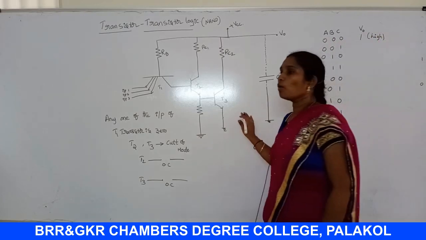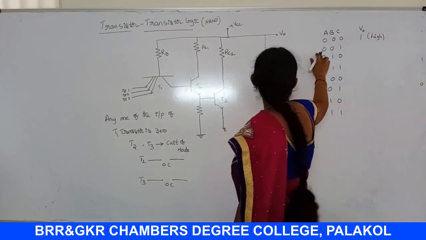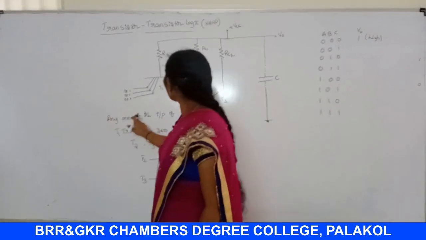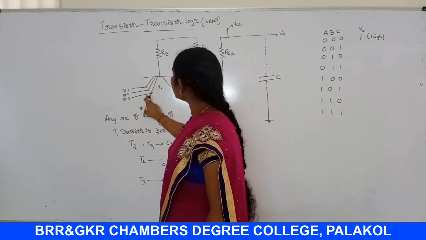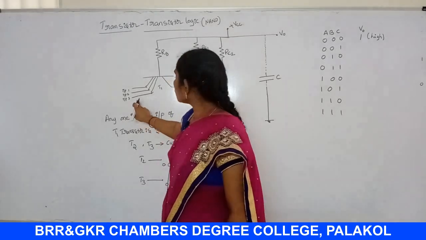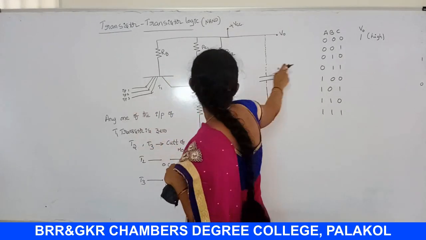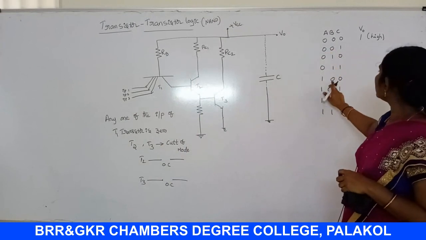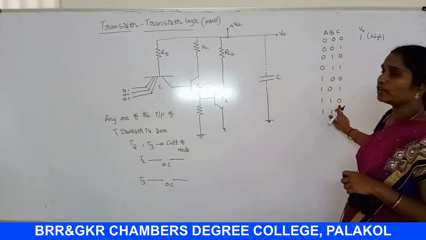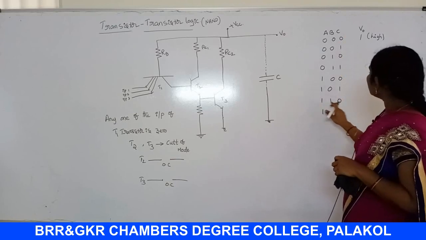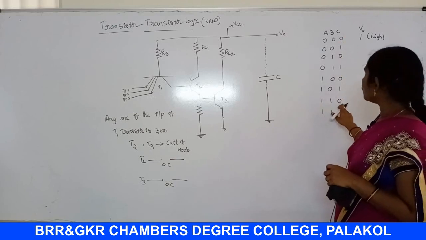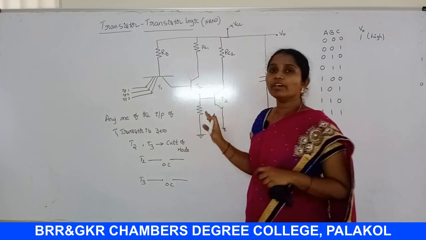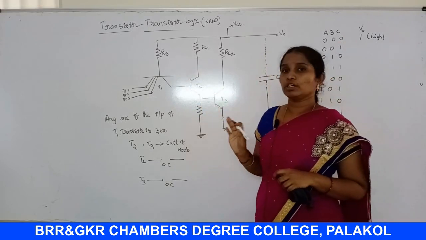Next condition is 0, 0, 1. I already told you, if any one of the inputs of the transistor T1 is 0, then the transistors T2 and T3 are both in the cutoff region.